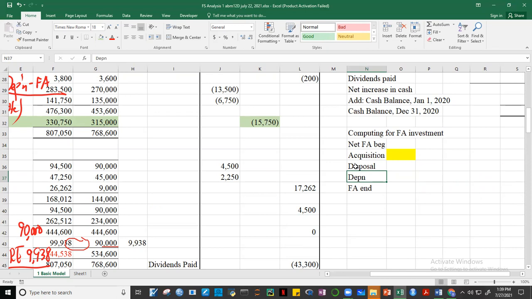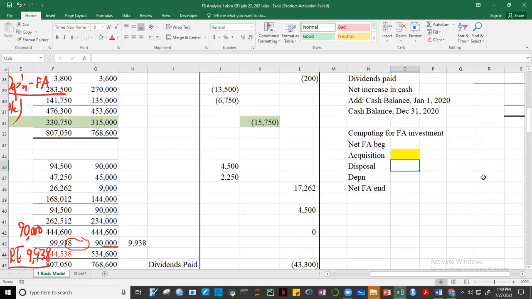Okay? Kasi mawawala na yun sa books yung asset na yun kasi binenta na. Okay? And then depreciation, and then we have now the net fixed asset ending. Okay? Alam natin, guys, tong beginning, alam natin tong ending, alam natin depreciation.